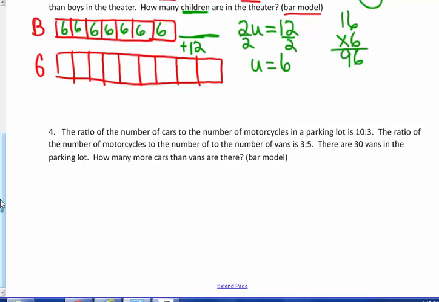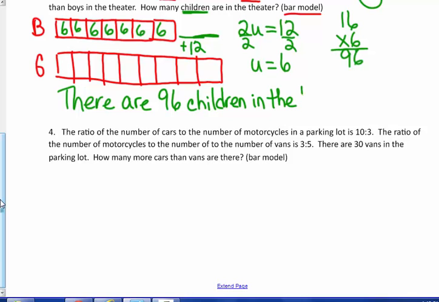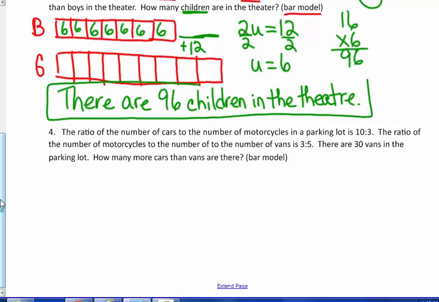There are 96. So I'm going to label this response, putting it in a full sentence answer box. I call it sable. There are 96 children in the theater. Full sentence, started with a capital letter, ended with a period, put a box.